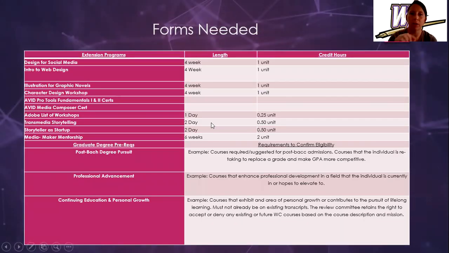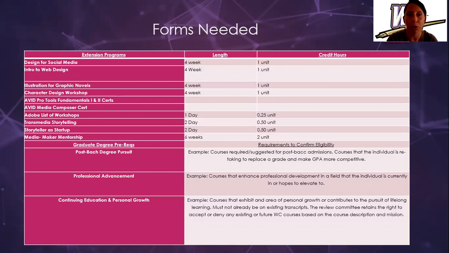Now, a little loophole in this process, we do have extension programs here at Whittier. And what an extension program is, this would be more specific, like a career progressing or non-degree seeking course. So a lot of these are computer programming: illustration, character, Pro Tools, Adobe, Workshop, Storyteller, Media Maker, Intro to Web Design.